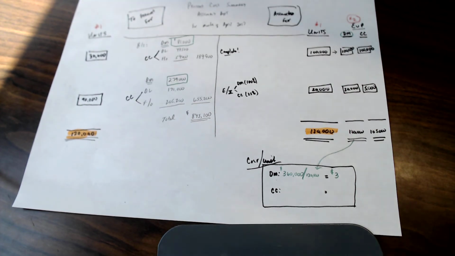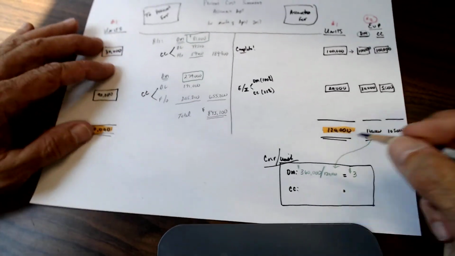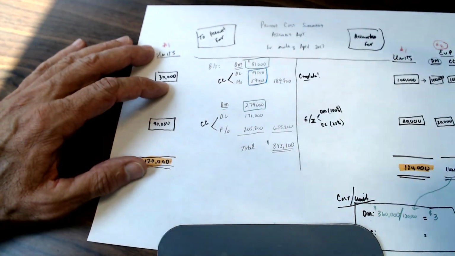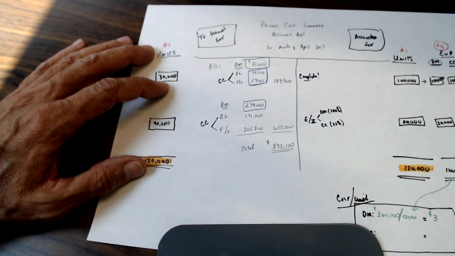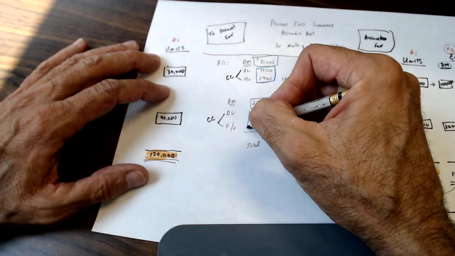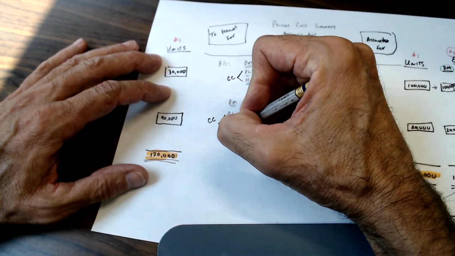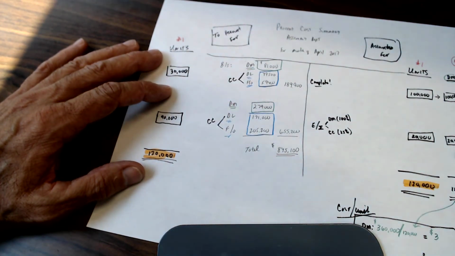We're going to do the exact same thing with conversion costs. Here's my conversion costs in beginning inventory, and here's my conversion costs that I added. There they are. What do they add up to be?